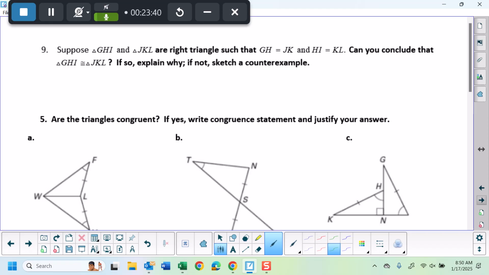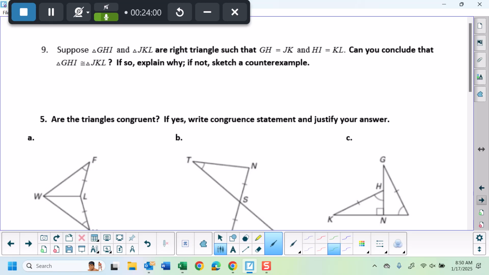Suppose the two triangles are right triangles, and we have those corresponding sides. Can you conclude that two triangles are congruent, yes or no? Yes. And it's interesting, when we talk about this, we don't know.